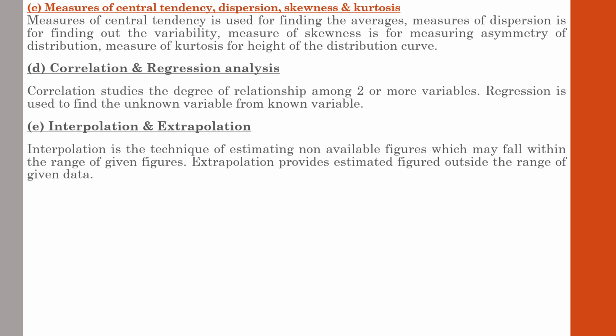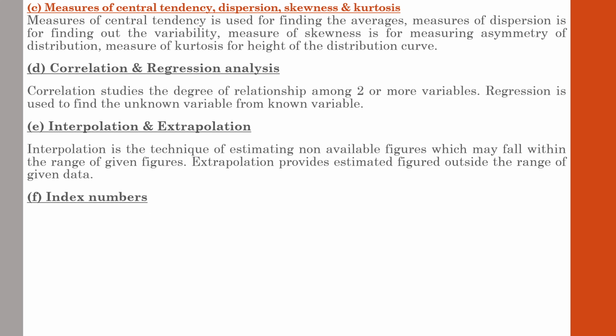See, we identified a class that was outside the range. That is known as extrapolation. Extrapolation means identifying the unknown figures that are outside the range of the given data. That is the concept of extrapolation. I hope you understand the concept. We will discuss the further points.